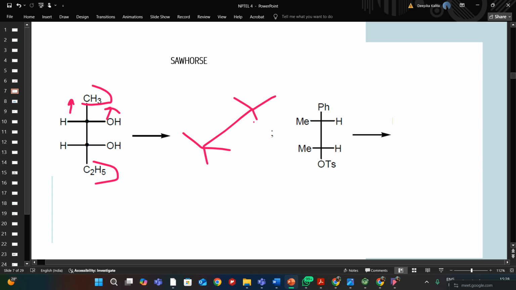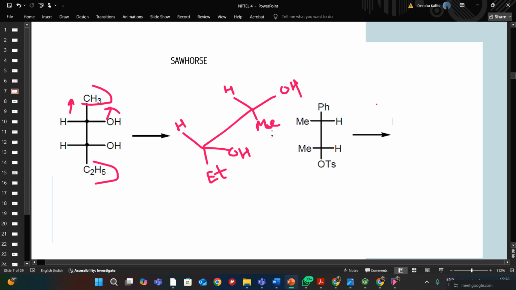I hope you can imagine it in 3D. So the first substituent here will be methyl, and the other substituent which has gone down will be ethyl, and the substituents towards the left will be hydrogen and hydroxy groups. I hope this is clear to you.